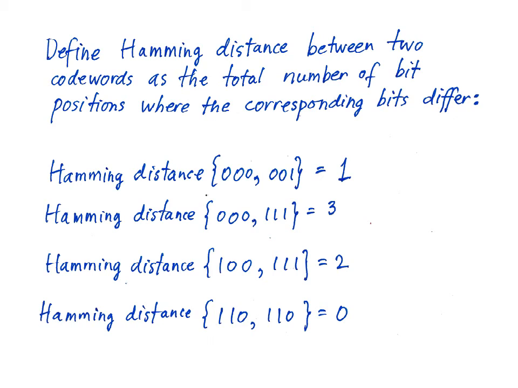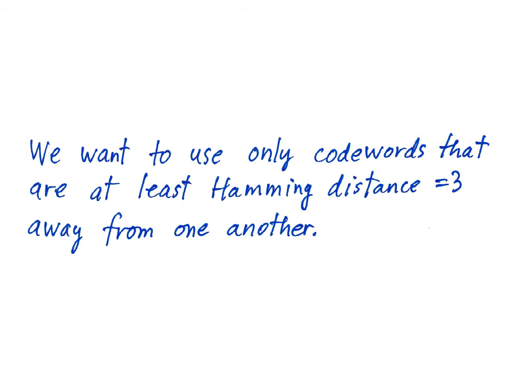Now that you've gotten the hang of that, let's apply that to the Hamming code. What we want to do is to transmit only code words that differ from one another by at least 3 bits.